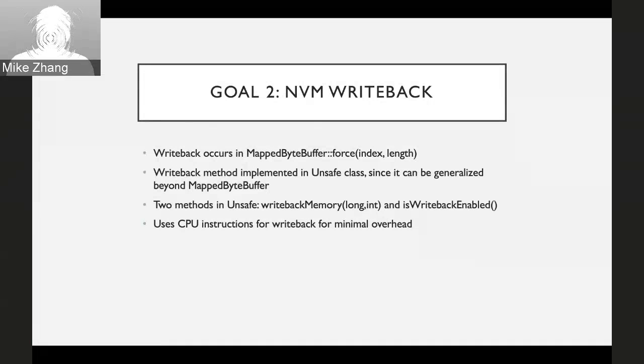So the two methods that are added are writeback memory and is writeback enabled, which checks if you can actually do the writeback. And writeback memory is implemented using CPU instructions to do the actual commit to memory.